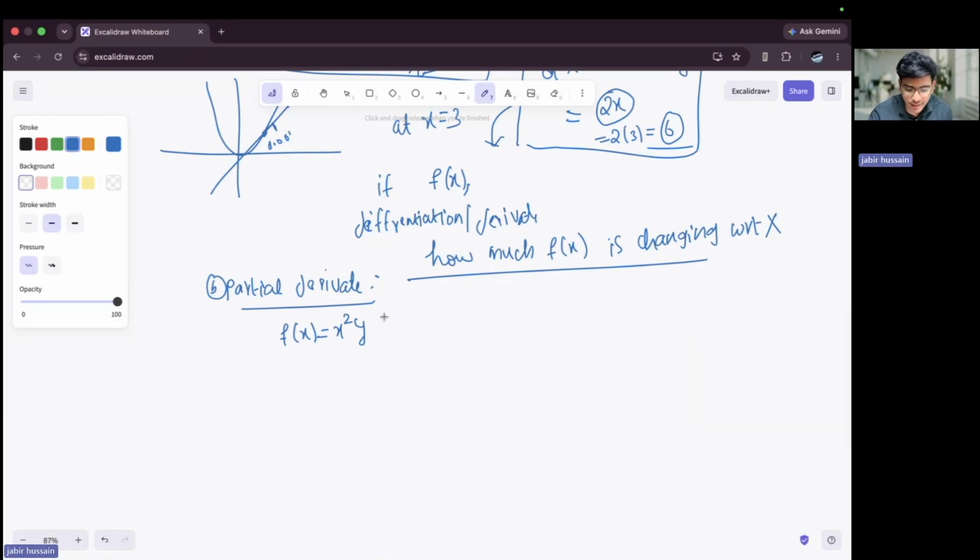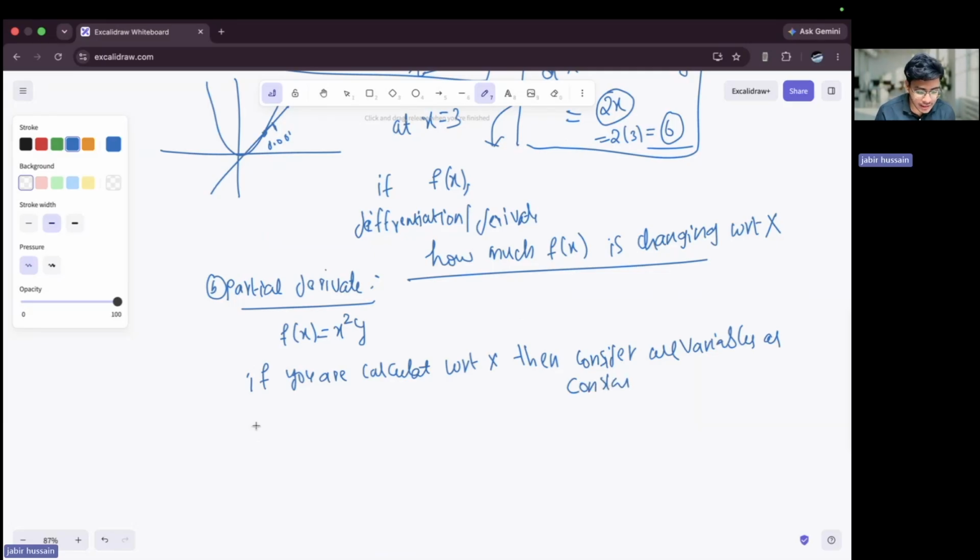that if you are calculating with respect to x, then consider all other variables as constants.